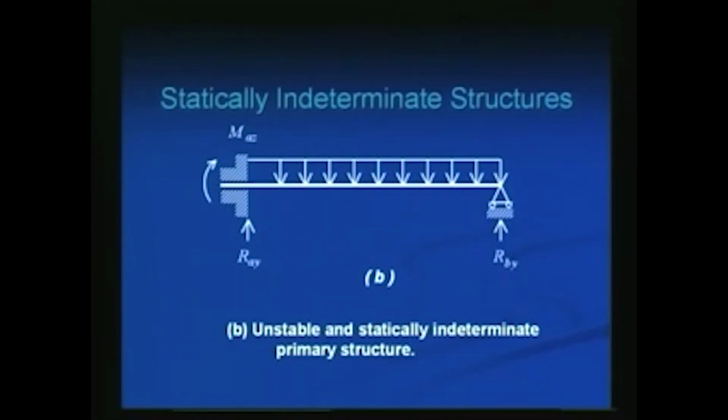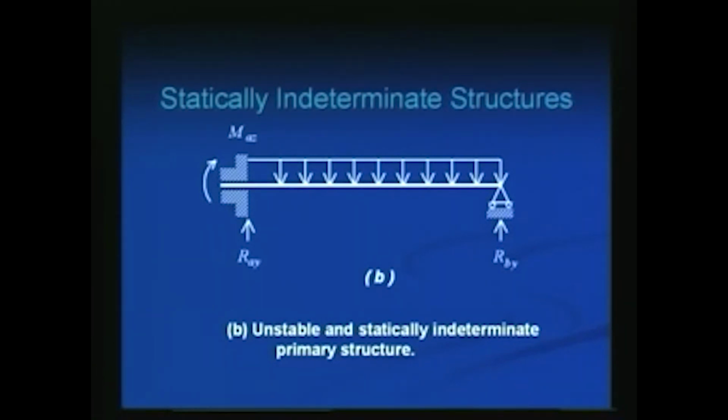Here what you have is this joint. You have the left joint, which you have allowed to move horizontally. If you allow it to move horizontally, look at what happens.